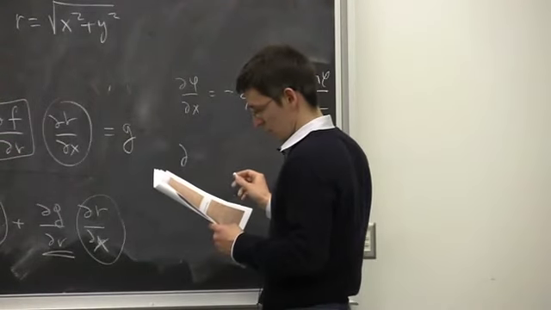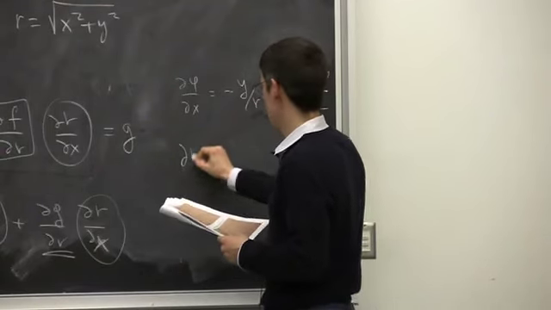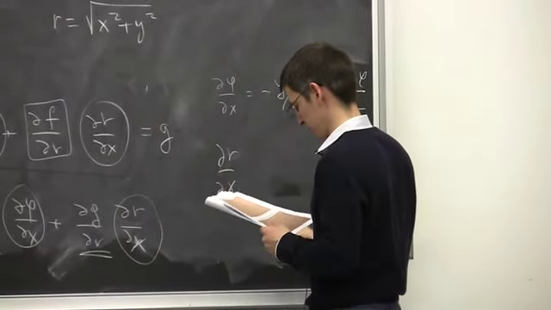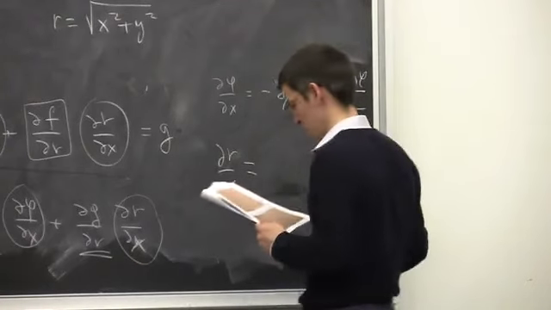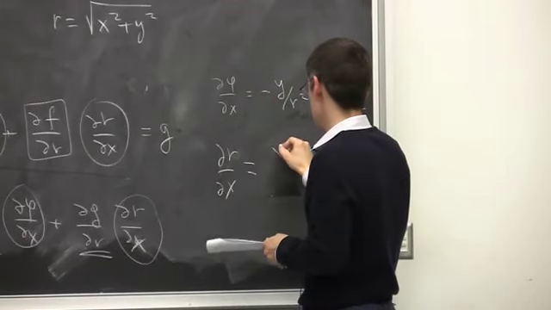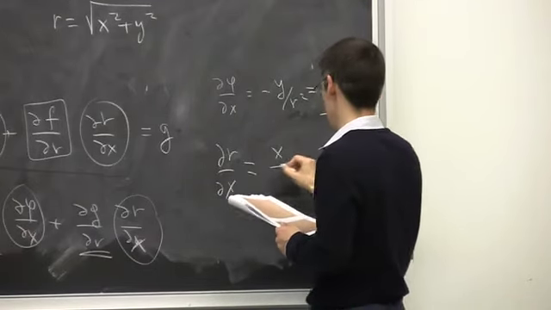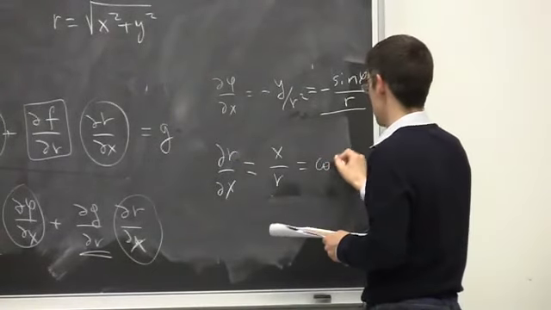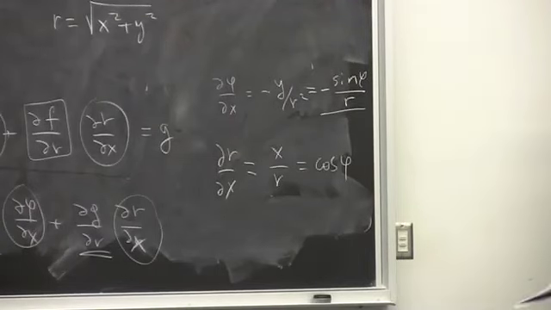Then later we can differentiate it with respect to phi and with respect to r as a part of g. Now the second thing we need is dr over dx. This part: we know r in terms of x, it's x divided by r, and this is just cosine of phi, because x is r times cosine phi.